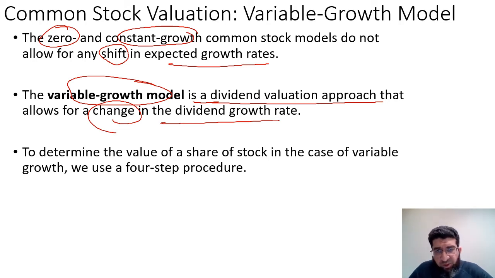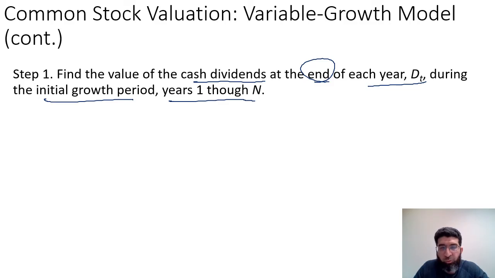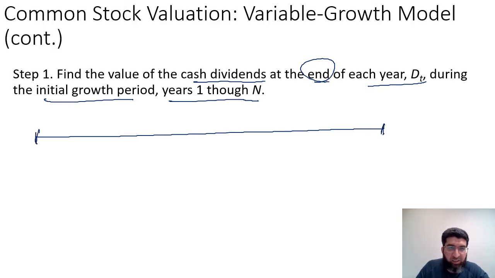To determine the value of a share of stock in the case of variable growth, we use a 4-step procedure, and let's look at each step carefully. In step 1, we find the value of the cash dividends at the end of each year, Dt, during the initial growth period, years 1 through N. So basically we divide the time period into two distinct phases.